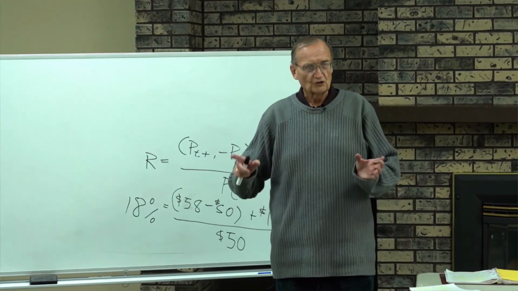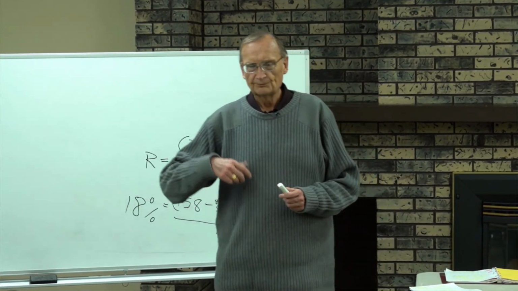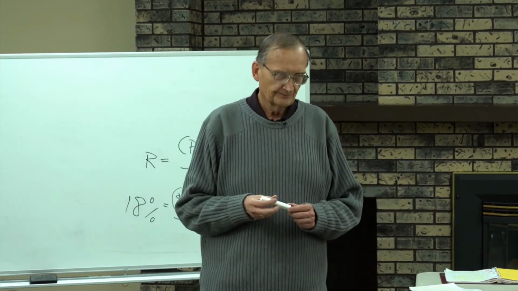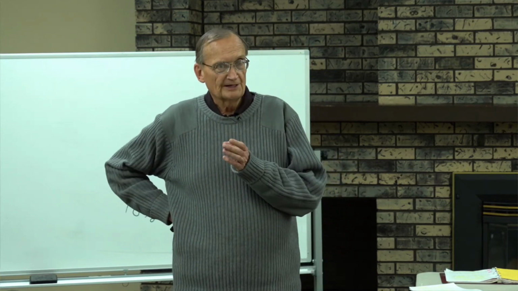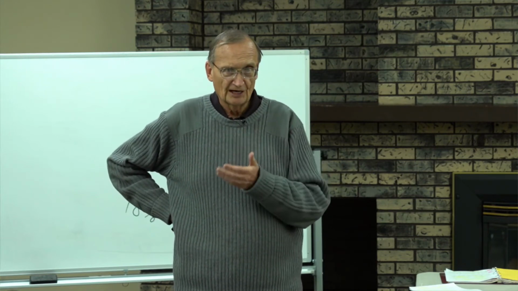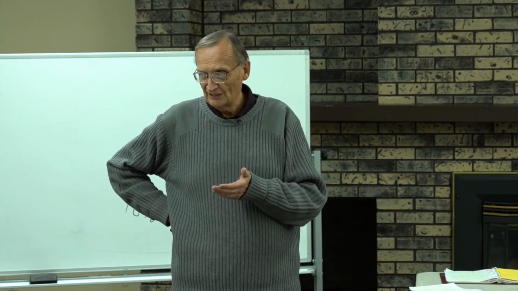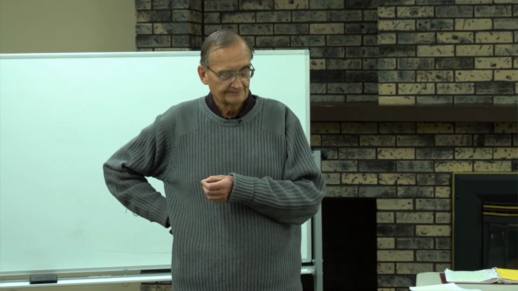Now, stocks are sold in two markets. The primary market, primary is a fancy word for first. Primary is when the stock is first issued by a company. We have an IPO. IPO stands for Initial Public Offering.